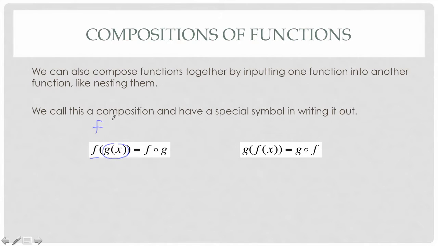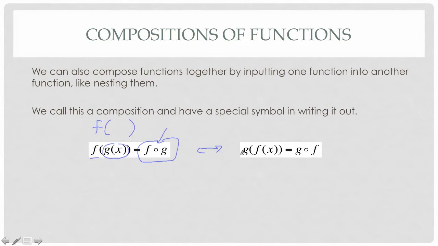Instead of f of x, look at what we put inside there. We put a whole other function inside. So this is what we would call a composition of f and g. And we can write it out like this with this little open circle. That means take function f, put function g inside of function f. The order does matter. So I compared it to this one over here.